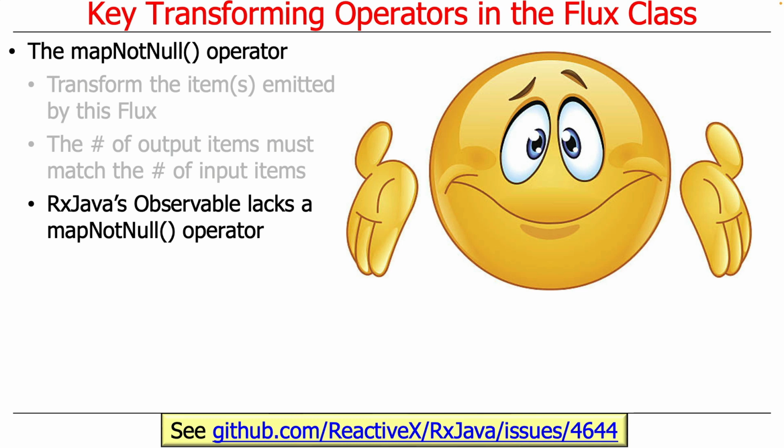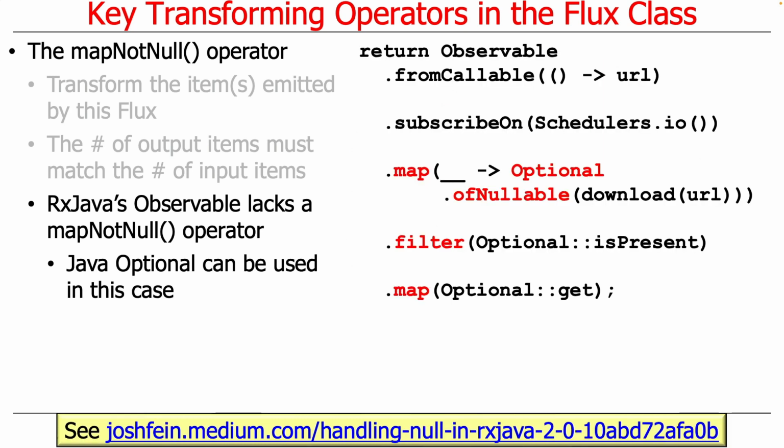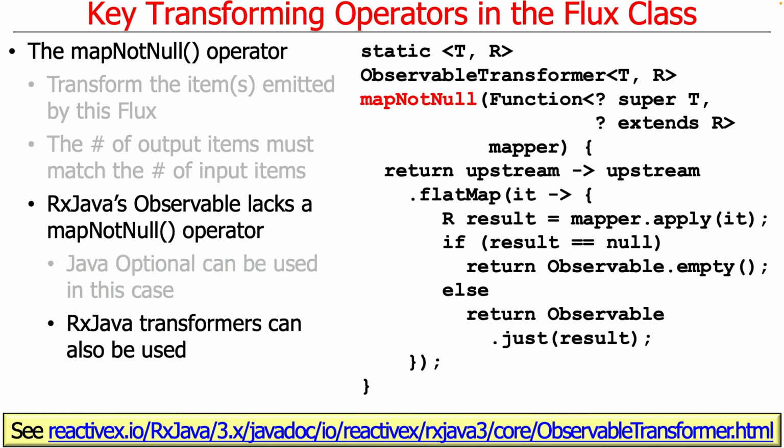RxJava does not have a mapNonNull, which is actually very annoying. And there are several ways you can work around this. One way is to use a Java Optional, which works, but my goodness, it's an awful lot of extra ceremony to work around the fact that there is no mapNonNull in RxJava. Something else you can use is something called transformers, which have nothing to do with large language model transformers. It's just basically a way to write your own custom operator.